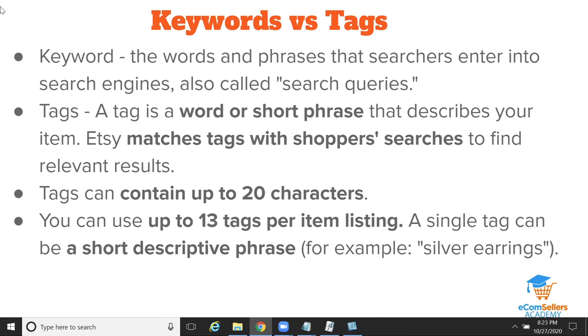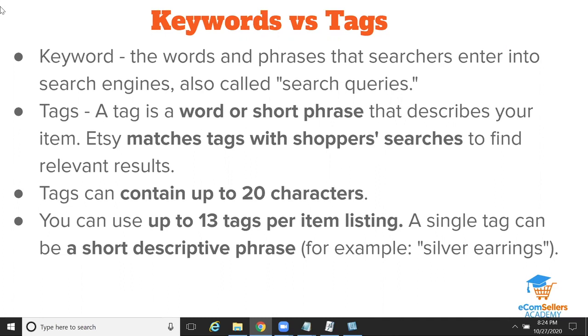So if you're selling a yellow sweater, you want to make sure you put yellow sweater, women's clothing or men's clothing, depending on what it is. And if it has a design on it or if it's vintage, you want to make sure you put vintage because people look for that. You want to make sure that you use the tags that will get your item seen.